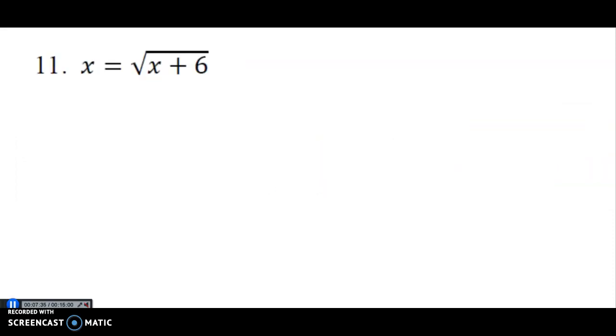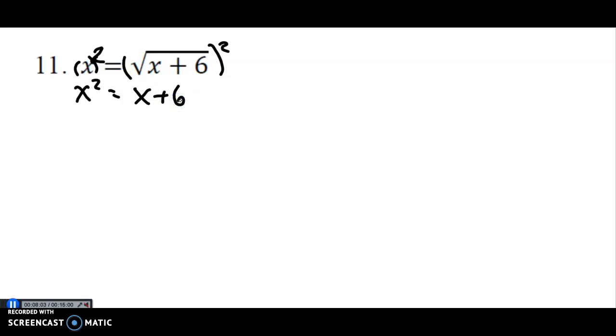So let's try this one. I have x equals the square root of x plus 6. This time, I'm going to try to get rid of the square root symbol, so I'm going to square both sides. And when I do that, I get x squared equals x plus 6.